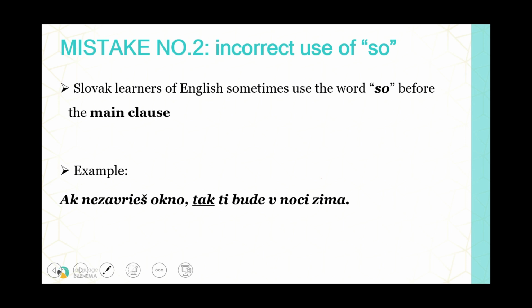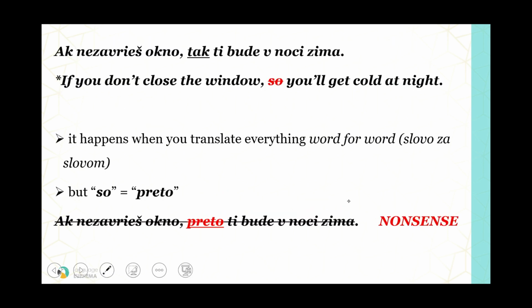Second mistake that is very commonly made is the incorrect use of the word so. Again, this happens to the Slovak learners of English. Slovak learners of English sometimes use the word so before the main clause. For example, this sentence: ak nezavrieš okno, tak ti bude v noci zima. This is what we naturally say in Slovak. Tak ti bude v noci zima. Well, then, the incorrectly translated sentence would be, if you don't close the window, so you'll get cold at night.